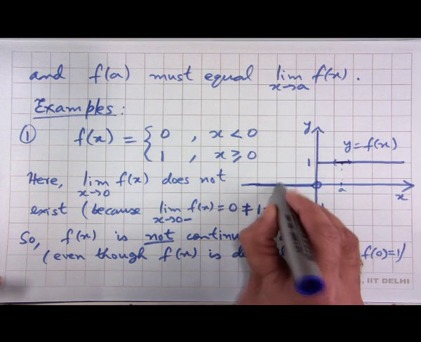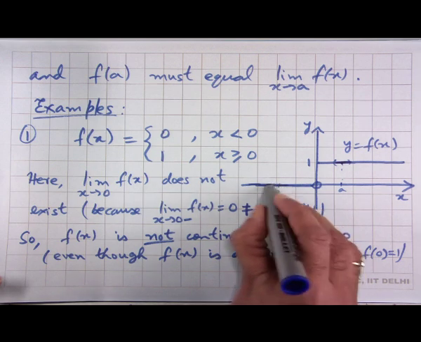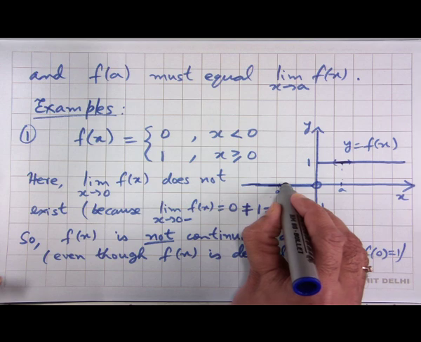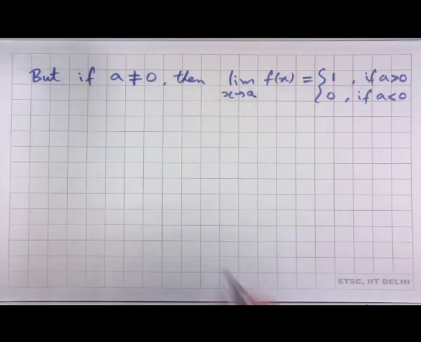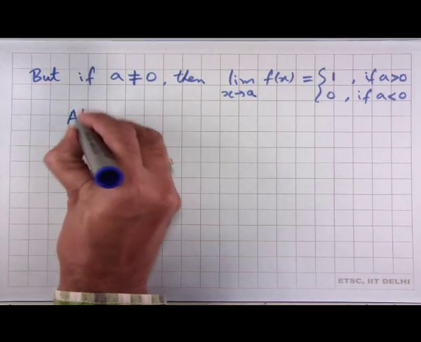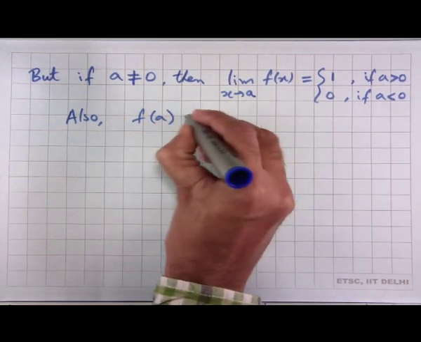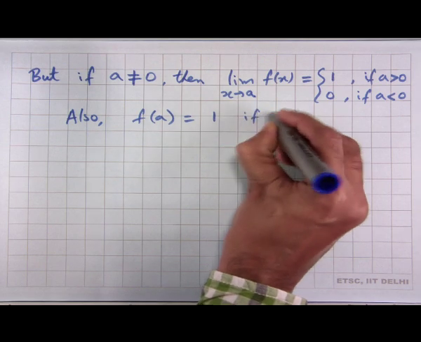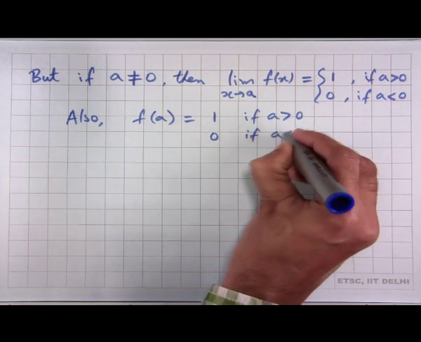But if your a is somewhere here, negative, then in this interval the function is identically 0, therefore the limit is 0. Also, f of a is equal to 1 if a is positive and 0 if a is negative.